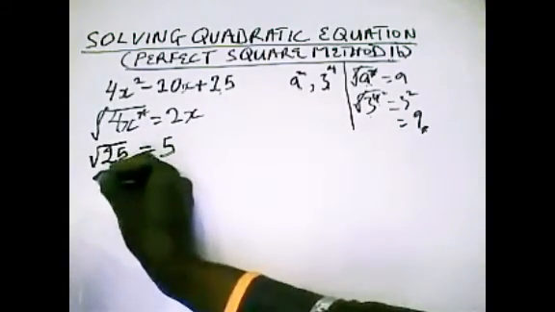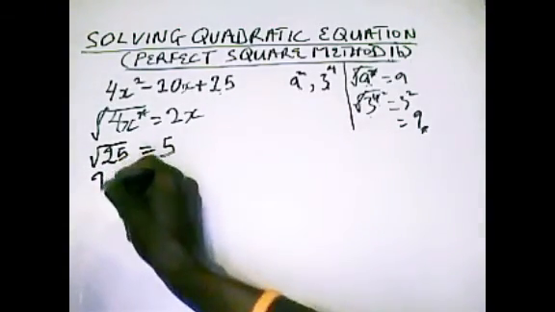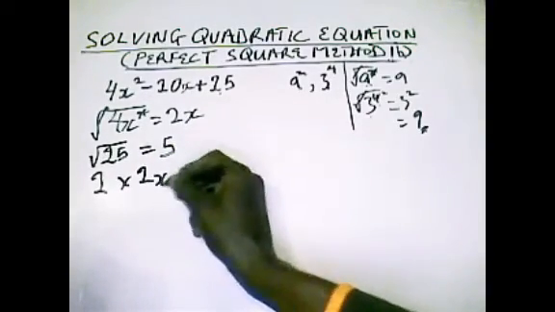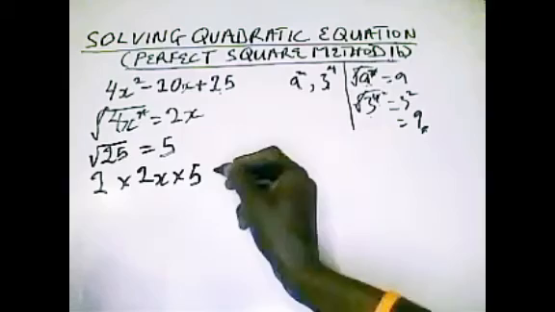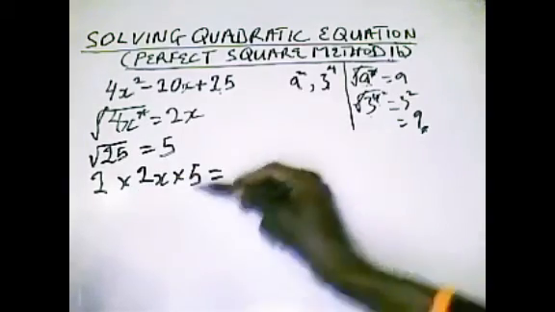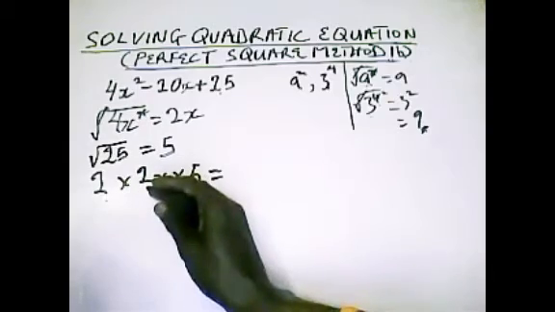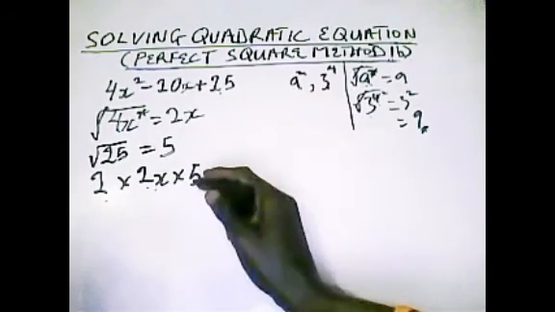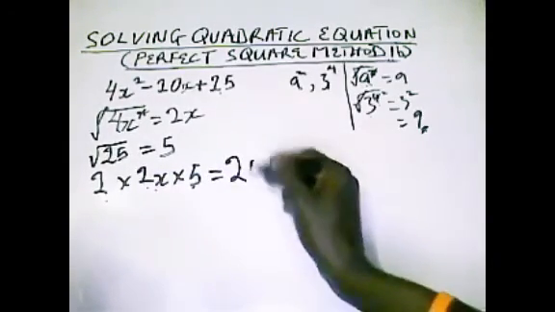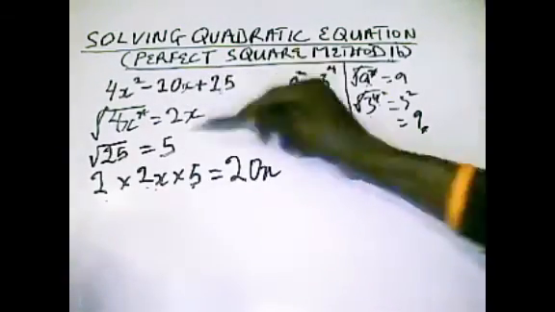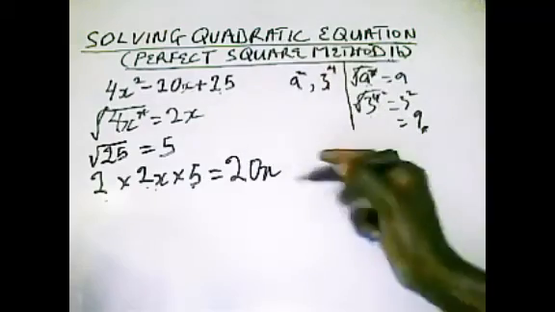So in the next step, I will write 2 times 2x times 5. Let us see if we multiply this, is it going to give us our 20x? 2 times 2 is 4x, 4x times 5 will give us 20x. Since this 20x tallies with our 20x here, it means that this is a perfect square.